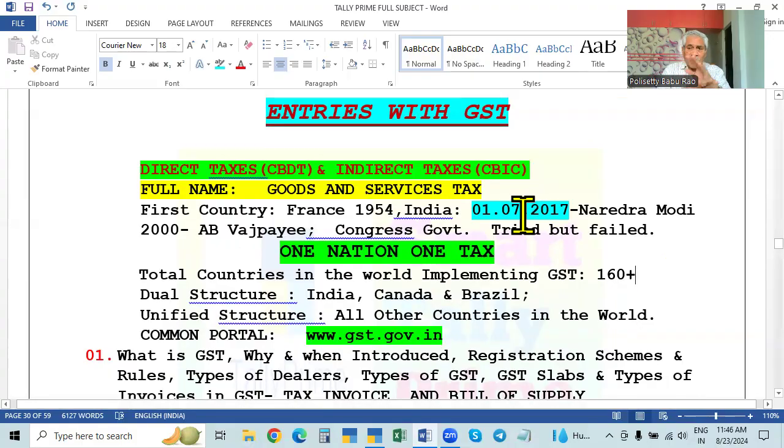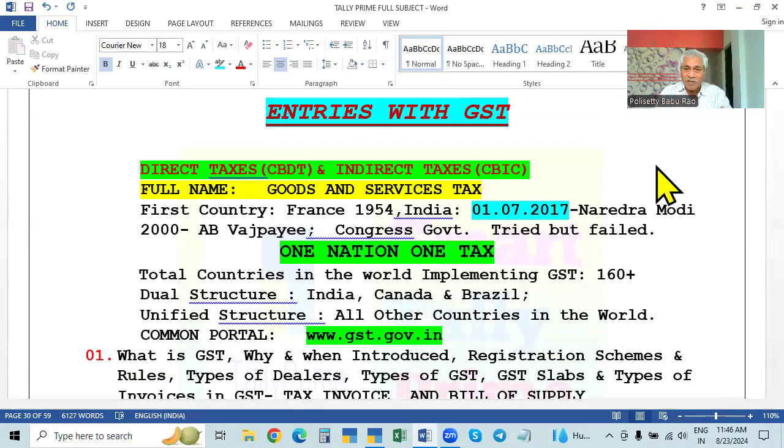As well as for all the work related to GST, there is one website, called the portal, the Common Portal for GST. To make it error free and perfect took some time. That is why it was postponed from April and implemented from 1st July.